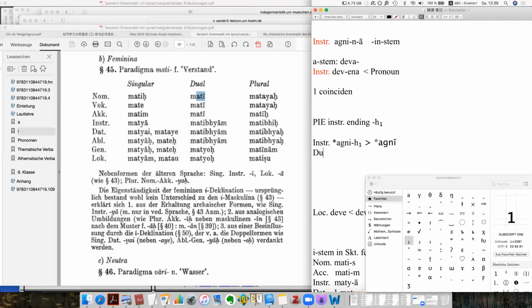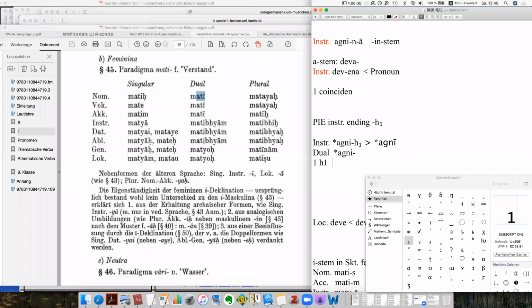So for the dual, the dual Agni should be with which one? Can anyone tell me what the dual ending of Agni is? Okay, make a choice. H1, H2, H3.